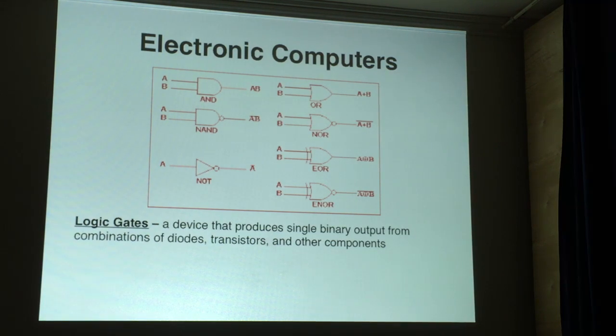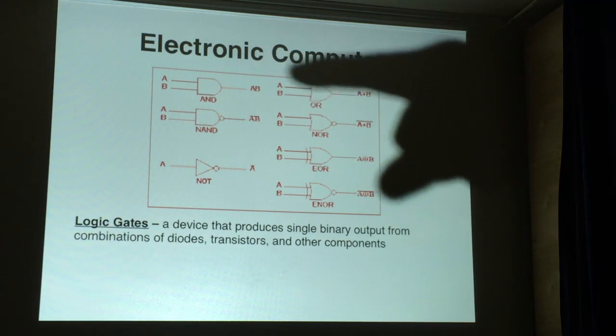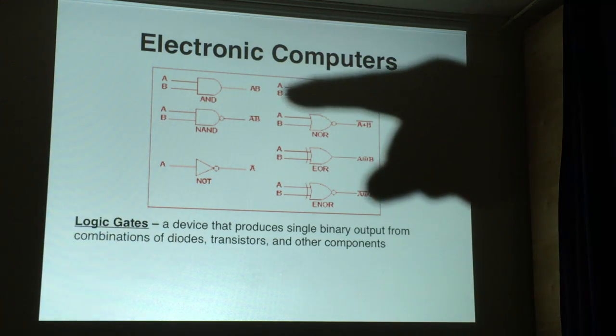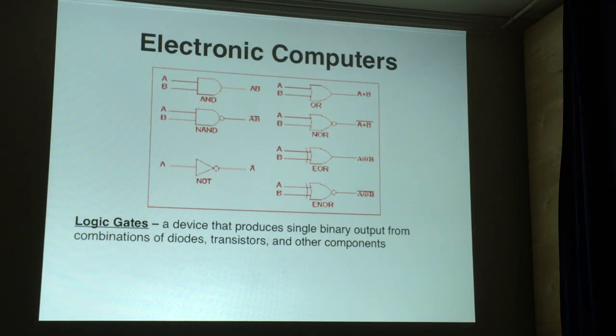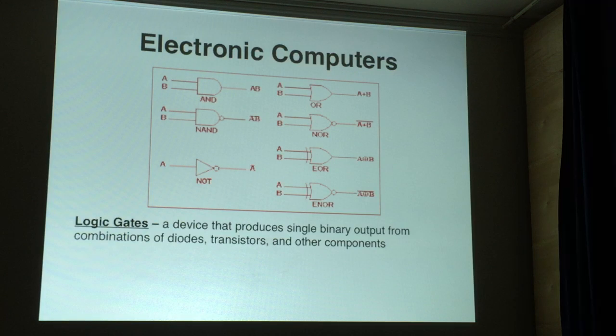So that's the AND logic. The OR logic means that for AB to be positive, A can be positive or B is positive, or both. And the only way that OR is negative is if both of these are negative, both of them are zeros.